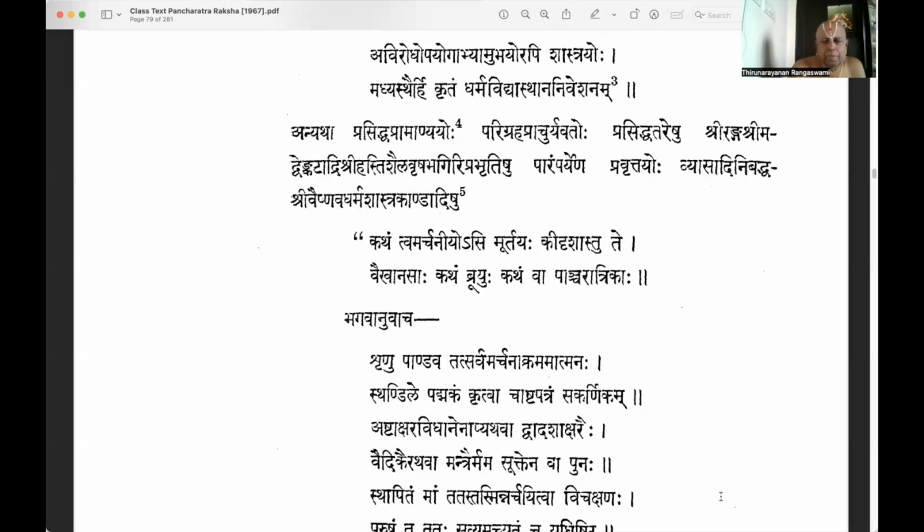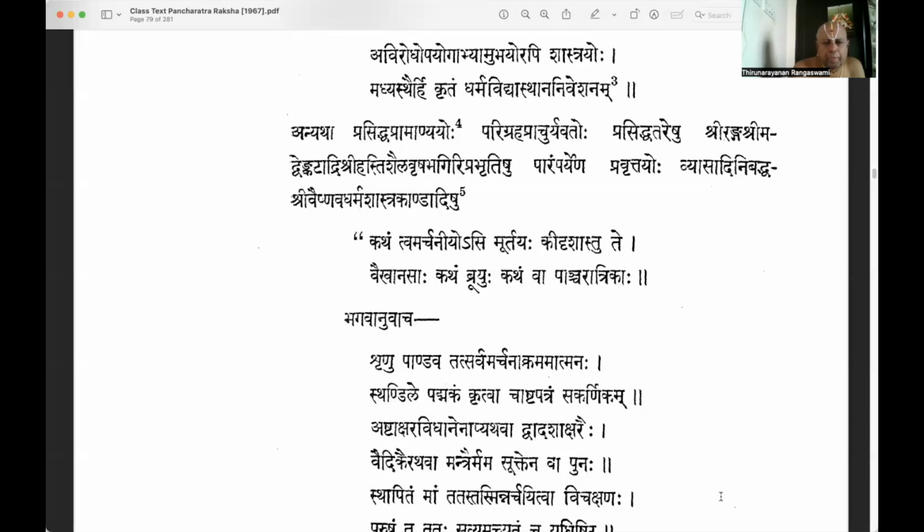Now, in both shastras, namely Vaikhanasa and Pancaratra, you have got popular proofs. There are so many popular pramanas. So, prasiddha pramanyayoho, they are very famous.